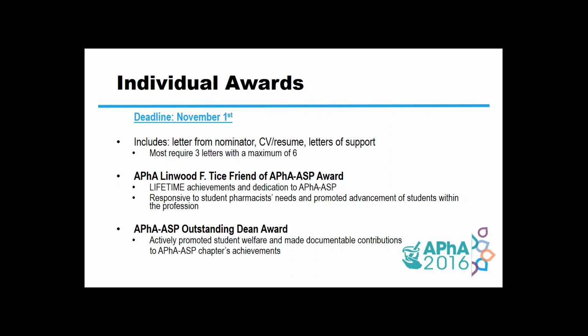The next award is the APhA-ASP Outstanding Dean Award, and this is where you would nominate your dean if he or she is actively promoting student welfare and made documentable contributions to your APhA-ASP chapter's achievements.